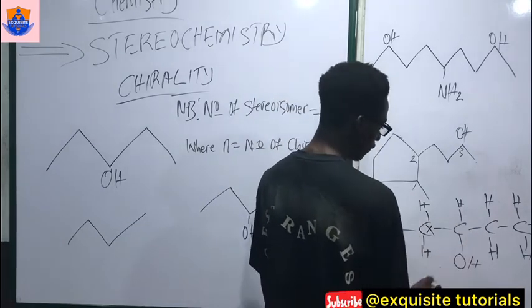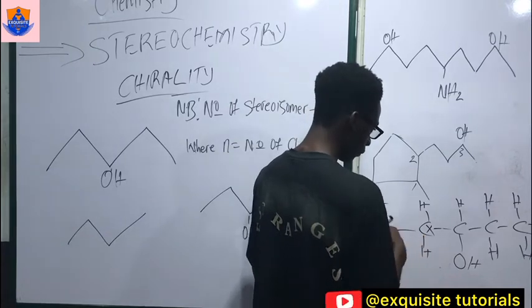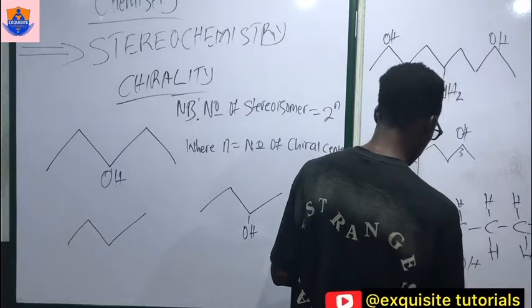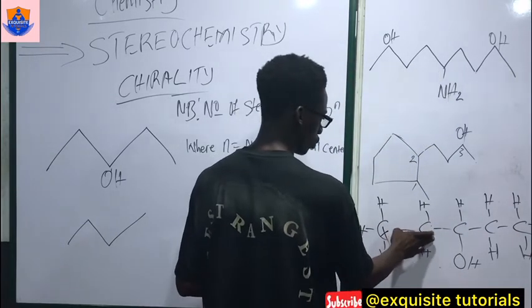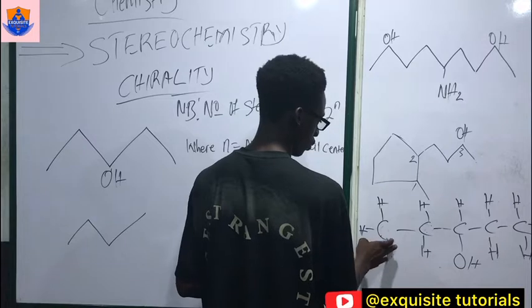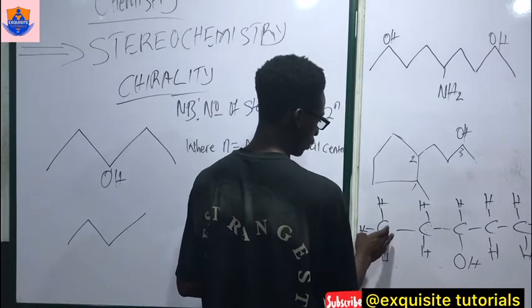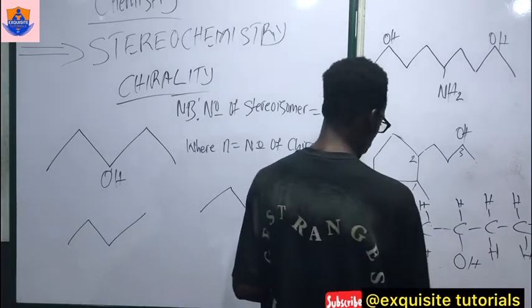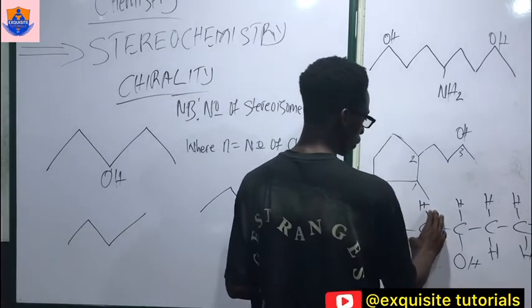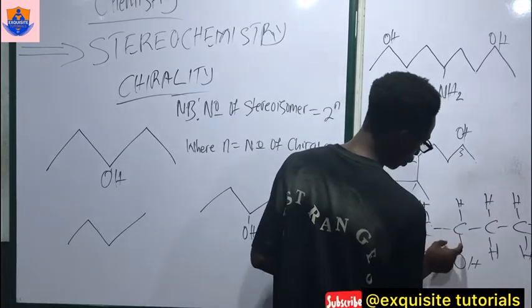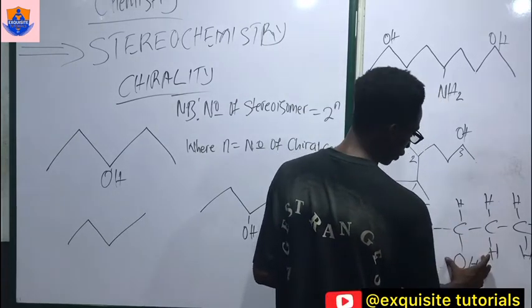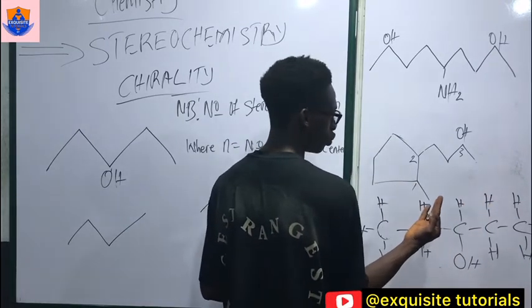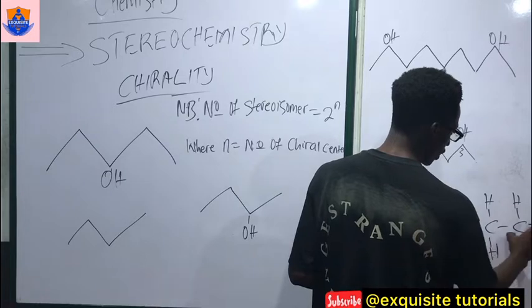Then look at this. This is a CH2, then a CH3, a CH2, then it is bonding to this same carbon, bonding to an OH, bonding to a hydrogen. So we already have 3 different groups attached to it. So now we also have the CH2, the CH3.